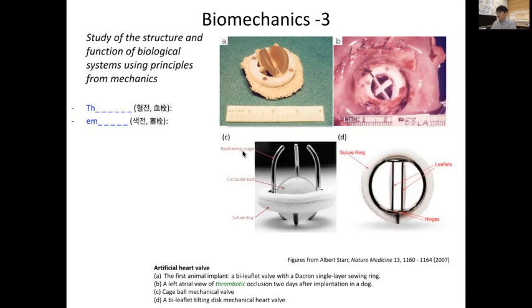So this restraining cage, occluder ball, and suture ring serve as a kind of mechanical valve. There's also another kind, the bi-leaflet tilting disc mechanical heart valve. This may make a sound, but in general, these heart valves can last years nowadays. So we have developed the artificial heart quite a lot.